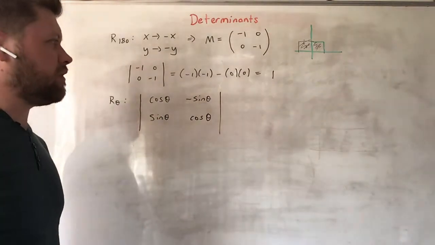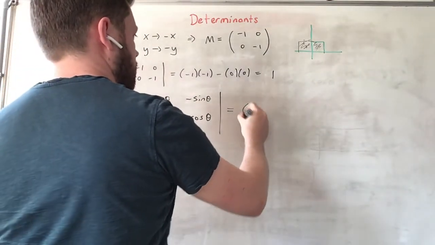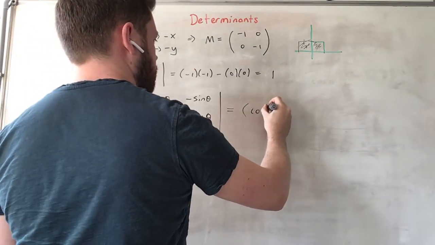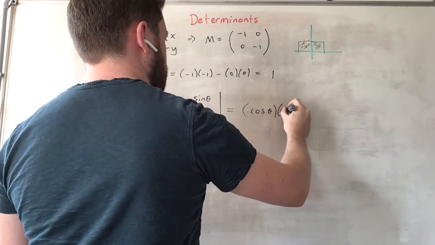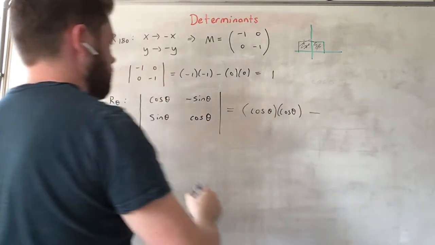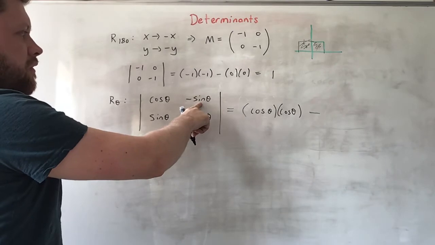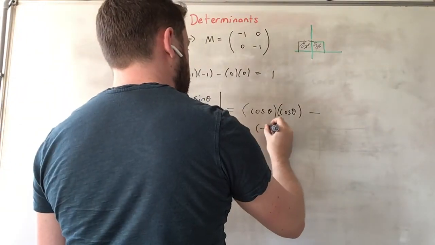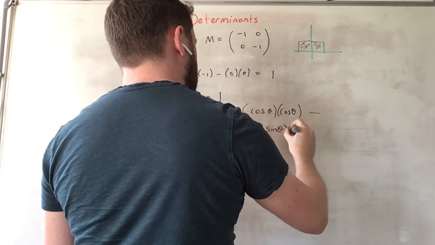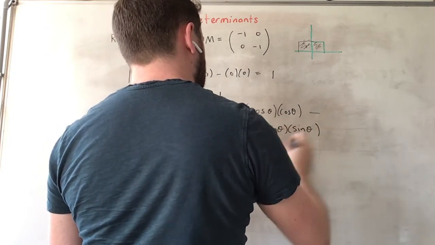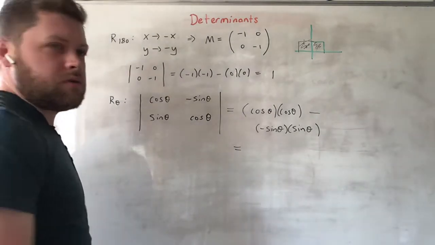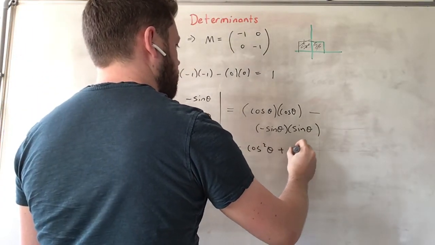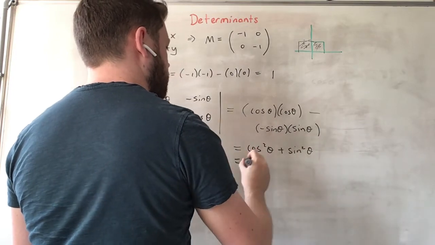The determinant of this matrix is a times d minus sine theta times sine theta, which is equal to cosine squared theta plus sine squared theta, which is equal to 1.